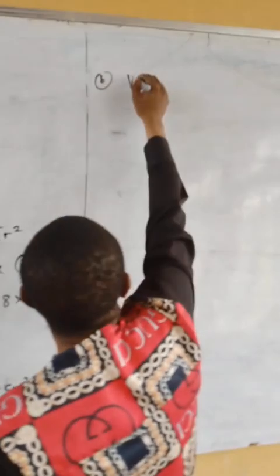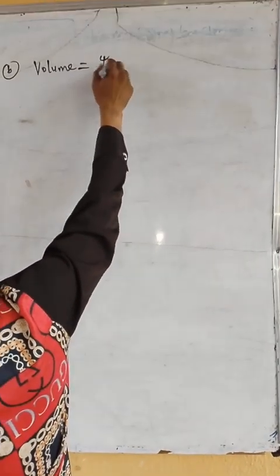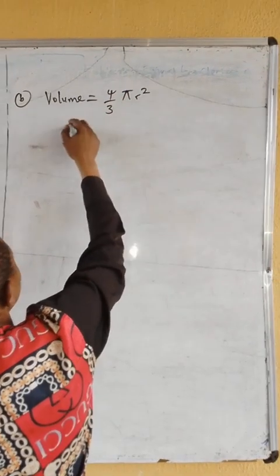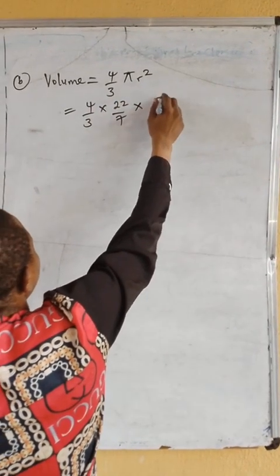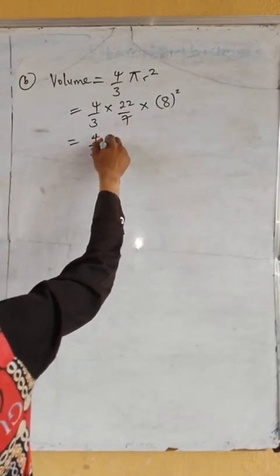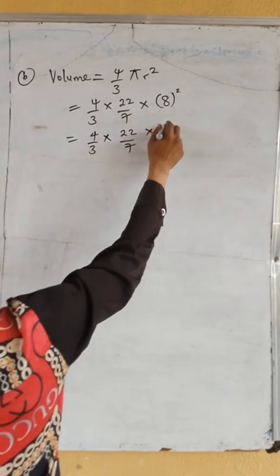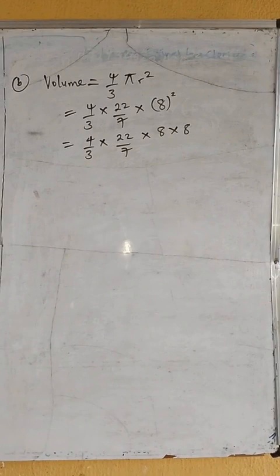So let's calculate the volume. The formula for the volume is 4 over 3 pi r cubed. So we are going to have 4 over 3 multiplied by 22 over 7 multiplied by 8 cubed. Then this will now be 4 over 3 times 22 over 7 times 8 times 8 times 8.